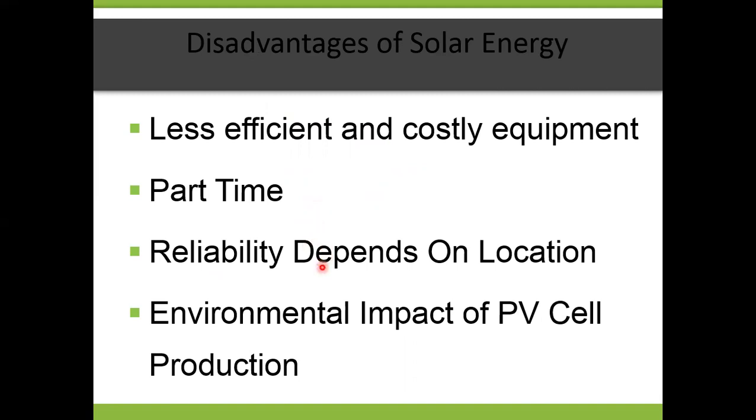Mainly it is used part-time nowadays. In future, we may depend completely on solar energy, due to other technological changes. And reliability depends on the location. We can't get solar energy in every location. And there is the environmental impact of PV cell production. Large production of photovoltaic cells may cause an impact.